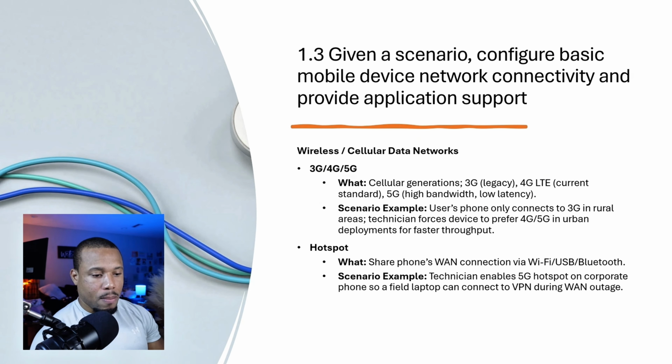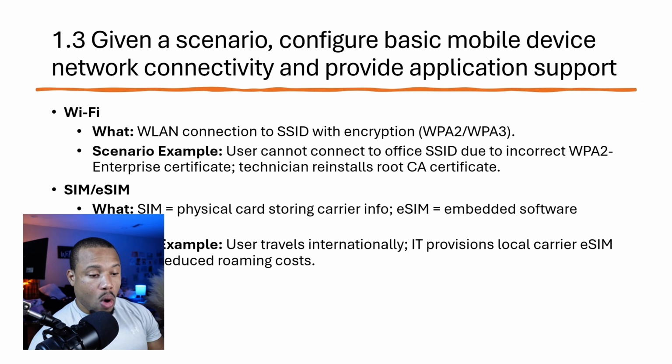Another option for connectivity is using a hotspot. The main takeaway is that mobile devices rely on evolving cellular standards, and hotspots allow that connectivity to be shared when needed. Wi-Fi and SIM cards are essential for mobile device connectivity.